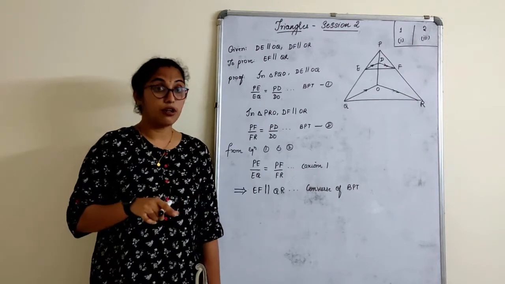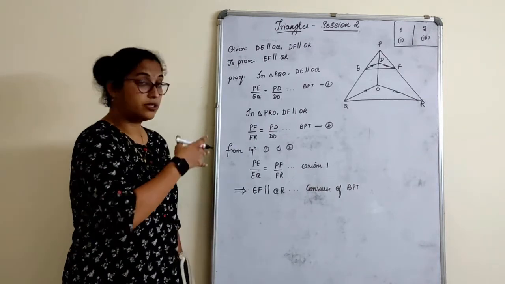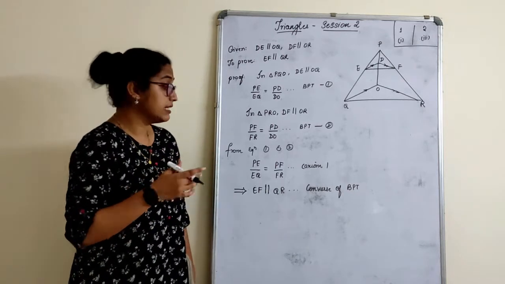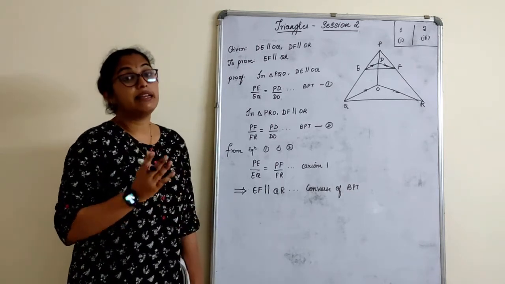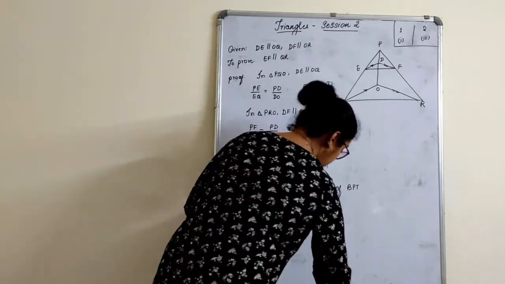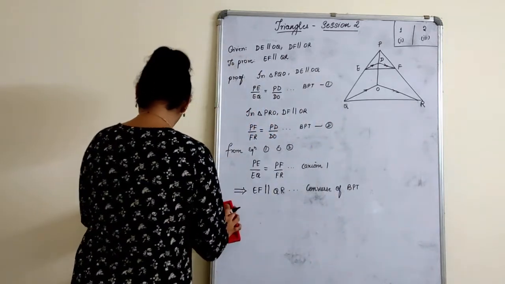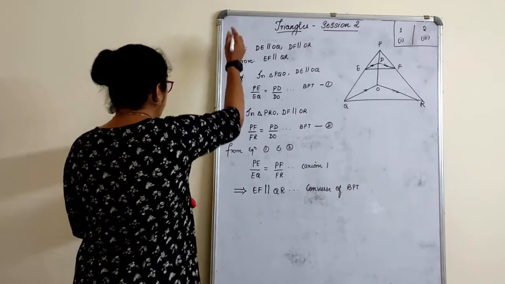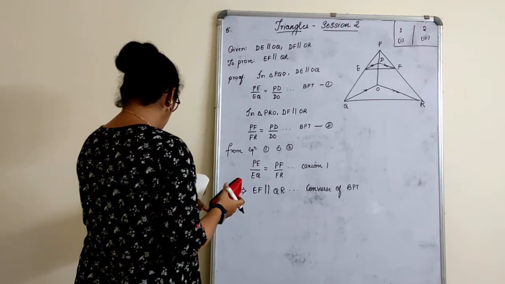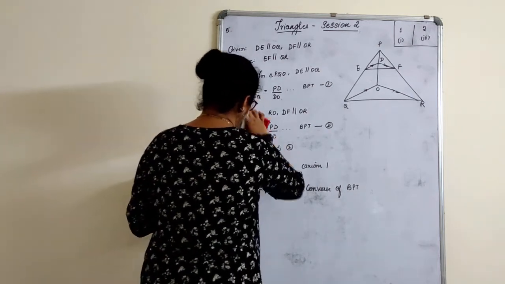Whenever we have to prove that lines are parallel, it has to be proved by the converse. We'll quickly move to the next one. That is the sixth one. I'm sorry, I'm forgetting to write the questions, children. So this is the fifth one, and now let's move on to the sixth one.